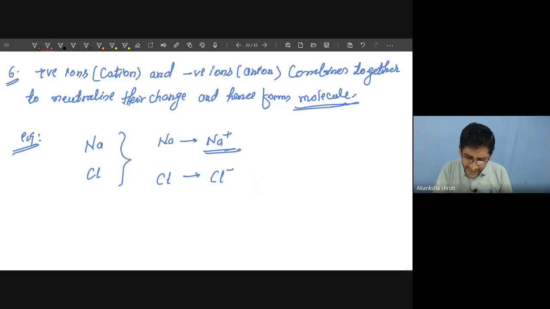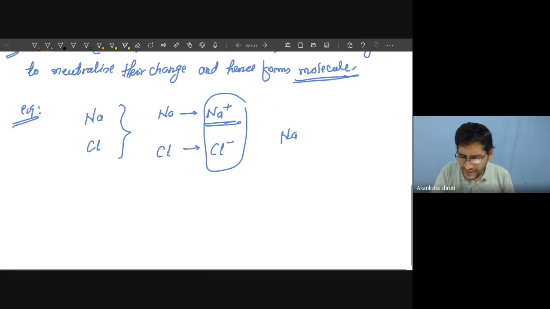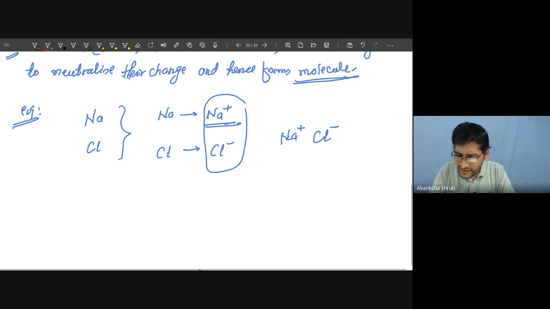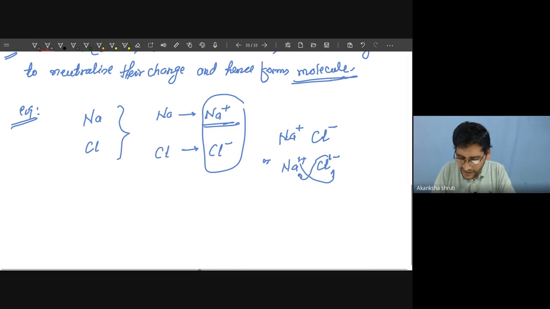Now these plus and minus have to be attracted, or attached. So what will you do? Na, the positive ion, you write first, then chlorine you write next. Here you observe that sodium has plus 1 unit charge, and chlorine has 1 unit minus charge. So you may understand it like this: Na plus 1, and Cl is also 1 minus. So whatever this is you put it here, and whatever this one is you put it here.